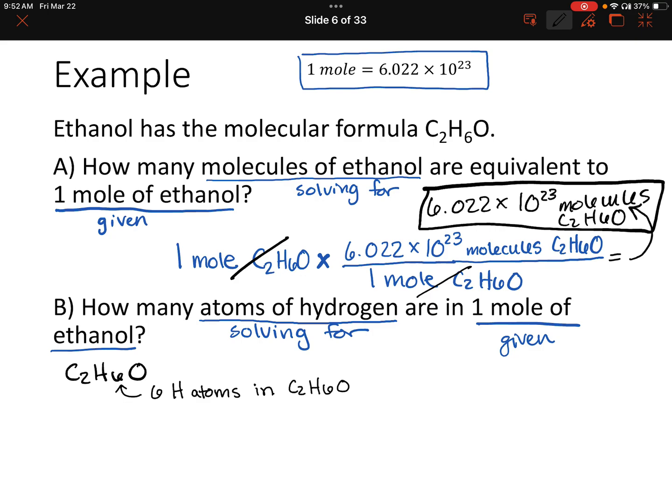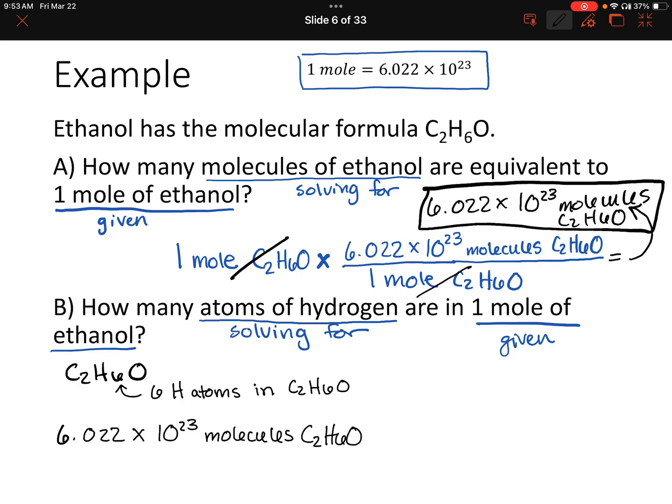Okay, but that's not really telling us the whole story, right? Because we want to figure out how many hydrogen atoms are in 1 mole of ethanol. Now, in 1 mole of ethanol, we already know that we have 6.022 times 10 to the 23rd molecules. So let's start there.